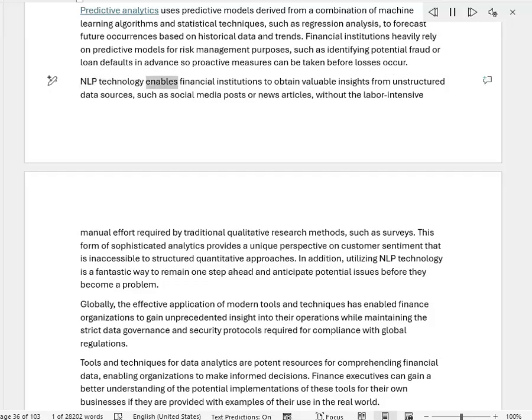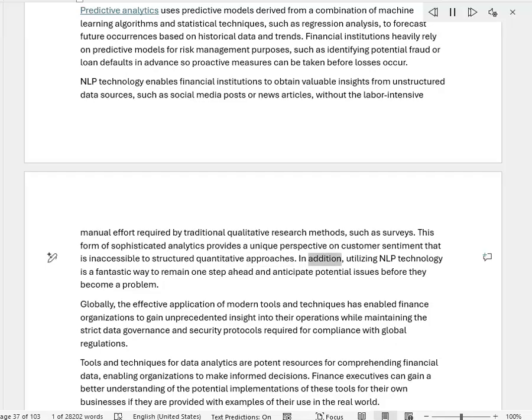NLP technology enables financial institutions to obtain valuable insights from unstructured data sources, such as social media posts or news articles, without the labor-intensive manual effort required by traditional qualitative research methods, such as surveys. This form of sophisticated analytics provides a unique perspective on customer sentiment that is inaccessible to structured quantitative approaches.